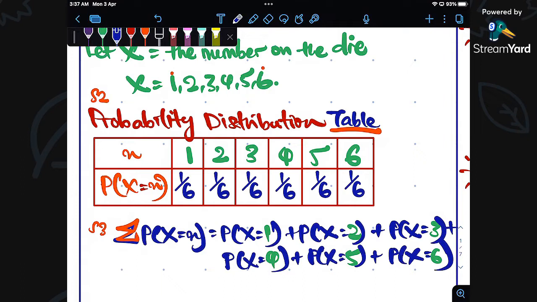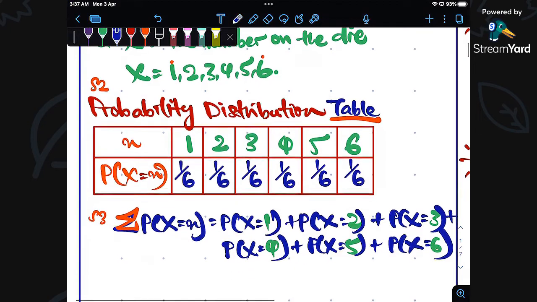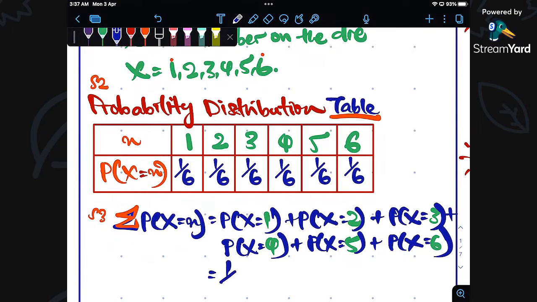You write each of them and then write down its probability, which you know is 1 over 6 for each of the 6.